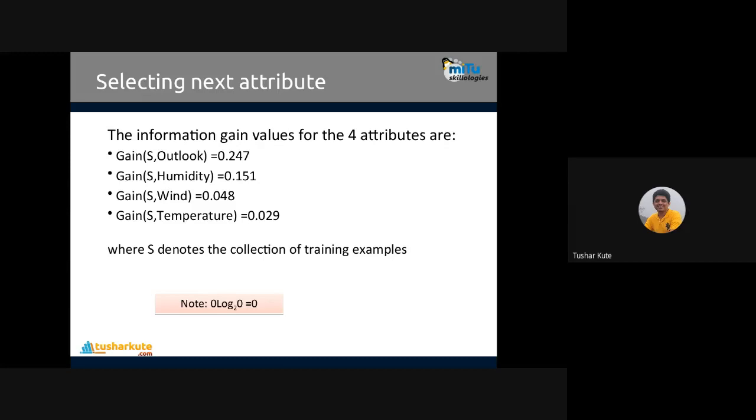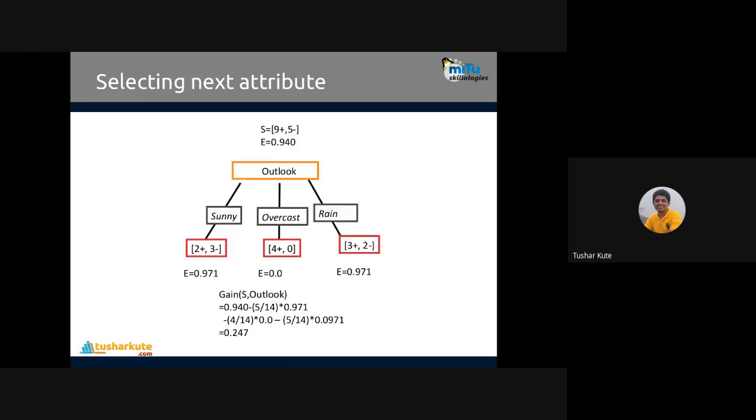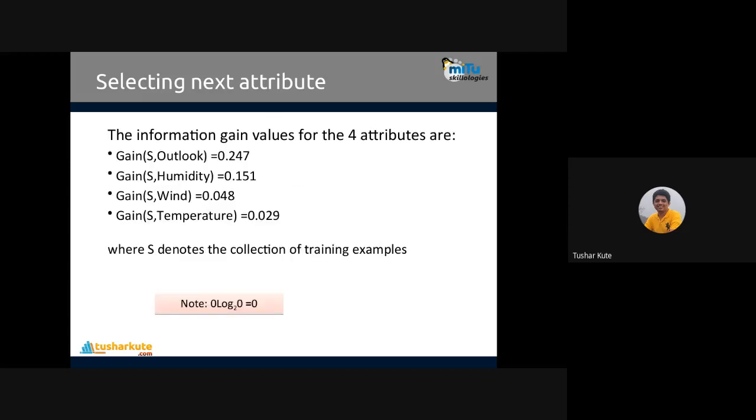S is a collection of training examples. Note that 0 into log of 0 is equal to 0. That's what we have seen when the split is perfectly done, because outlook is having one split perfectly done on overcast. A perfect split means all 4 are in one class.